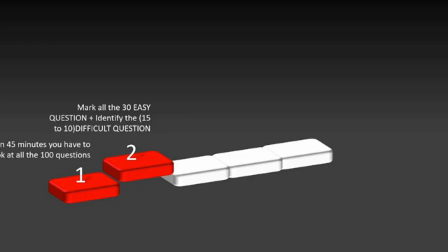This is how I solve these papers. Once the 45 minutes are over, I will look back at the OMR sheet and I will be very confident, because 30 questions are in my cutoff.